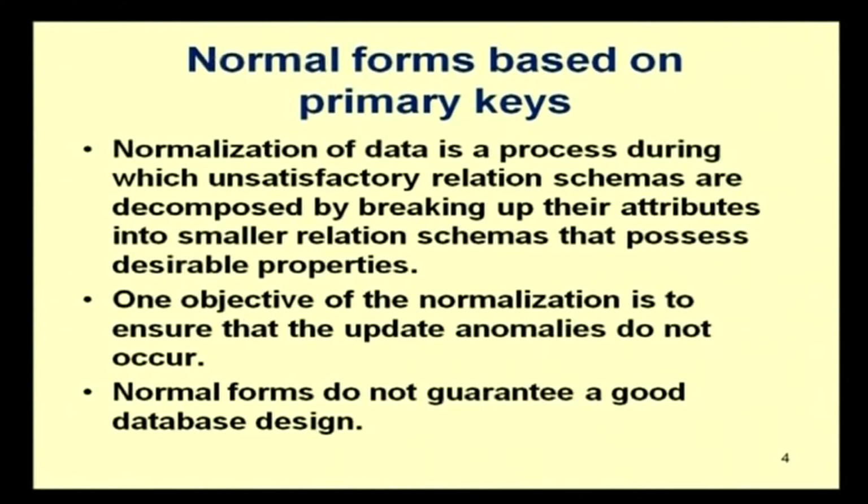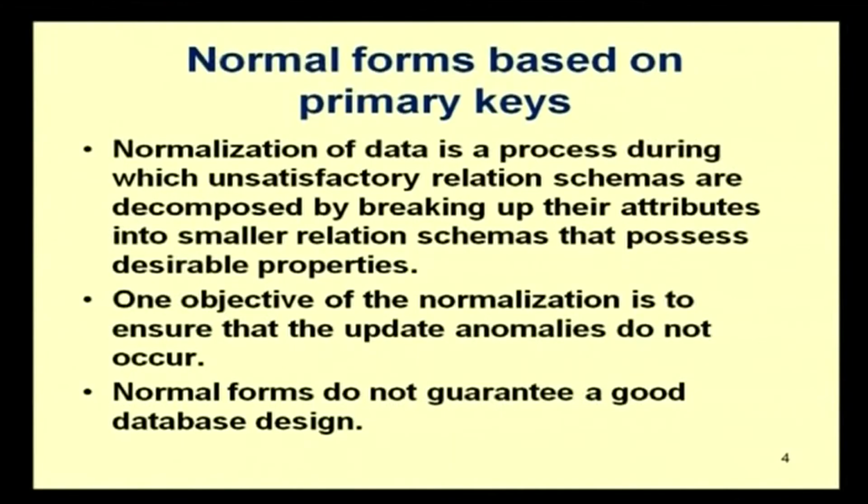So, one of the aims and objectives of the normalization process is to ensure that such update anomalies do not occur. Normal forms, however, do not guarantee a good database design, because finally the design and how you define the functional dependency depends on the design. Just because it has all those properties does not mean that it is a good database design, but it takes you towards a good database design.